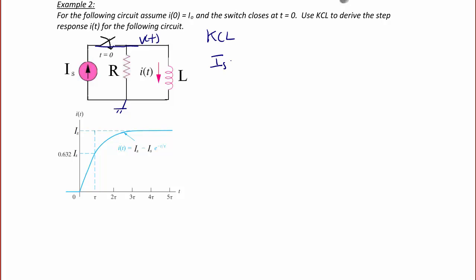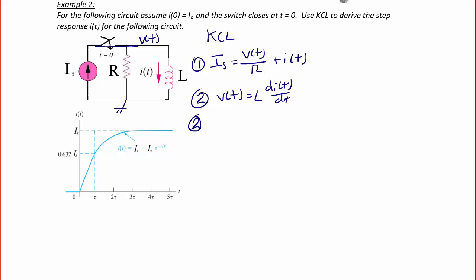IS is equal to V of t over R plus I of t. That's our first equation. Our second equation is that V of t is equal to L di of t dt.